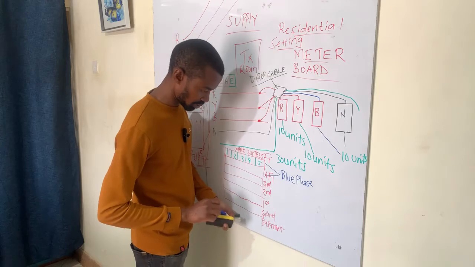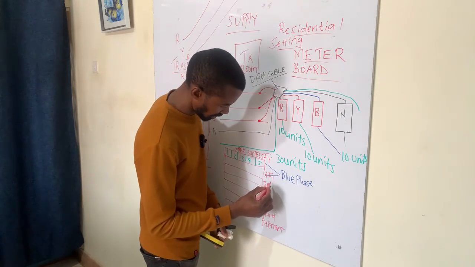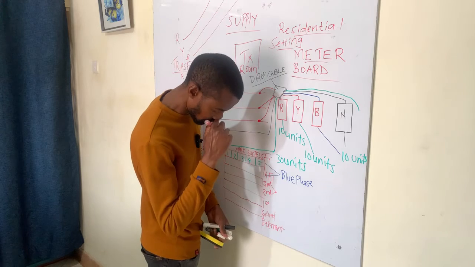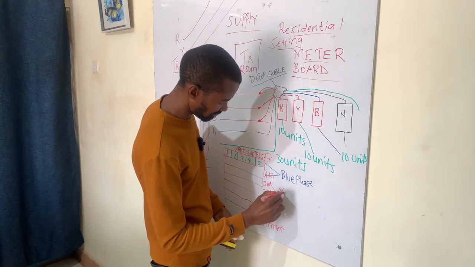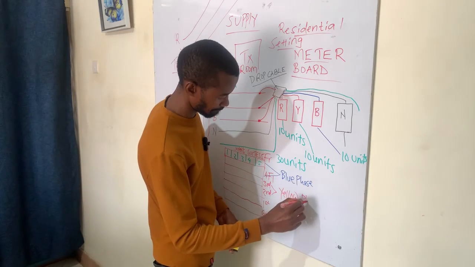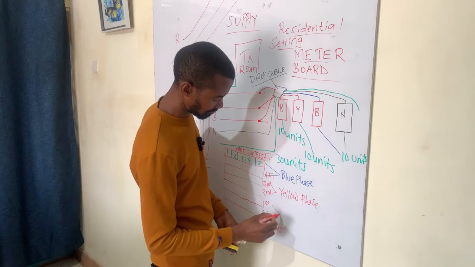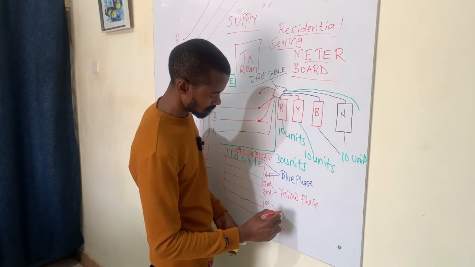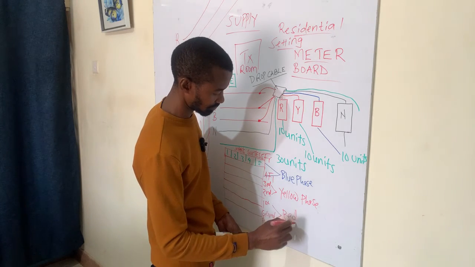And then I will take the third floor and the second floor and connect them to either a yellow phase or a red phase. There is no order there. And finally, the first floor and the ground floor, I will connect to the red phase.